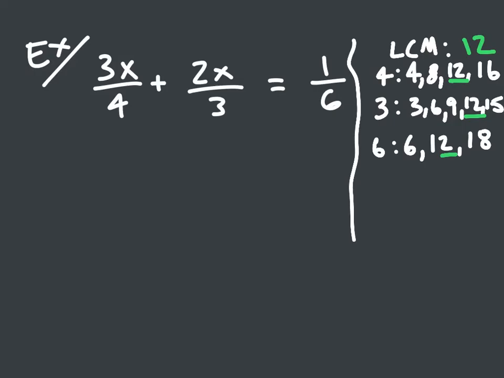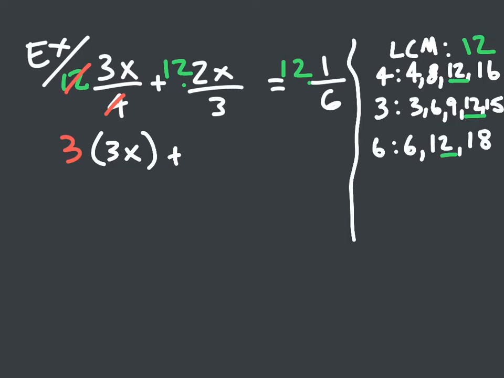And what I'm going to do is multiply every one of these by 12. I want to do the division here. So 12 divided by 4 is 3, and I'm going to continue to drop down my 3x. Over here, I'm going to do plus.